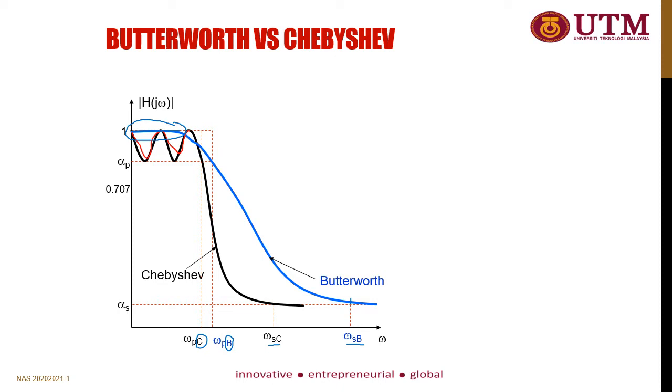If you look at the maximum magnitude, in this case it uses linear values, and normally we will be using dB values. Either it is in dB or in linear, but in this case it is in linear. The maximum amplitude of the filter is 1, and then alpha P is the passband gain.